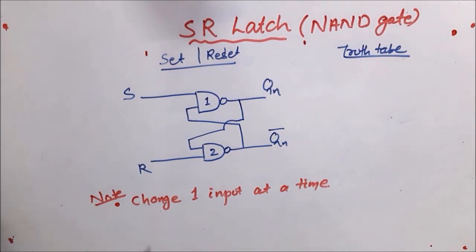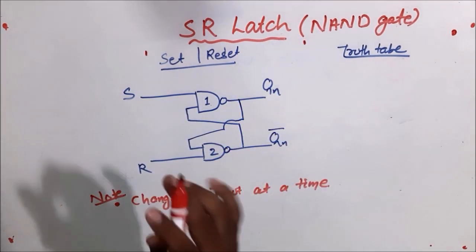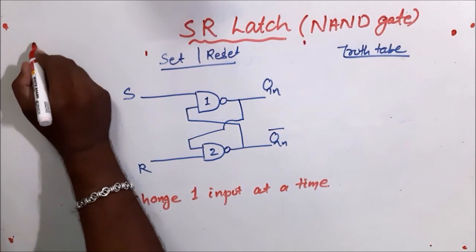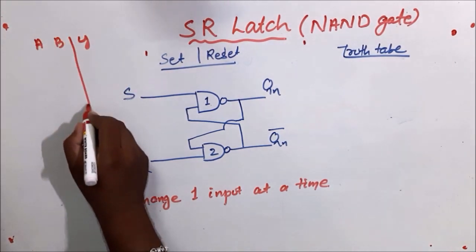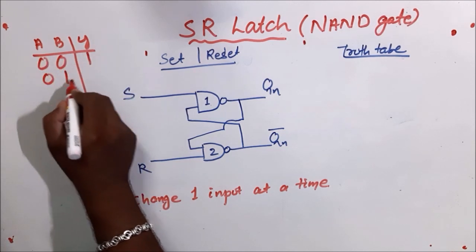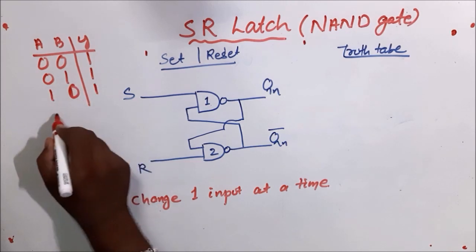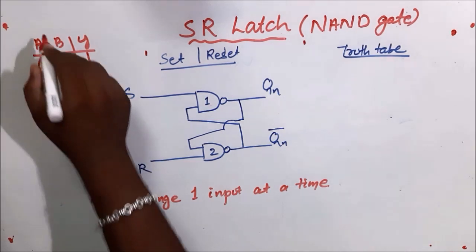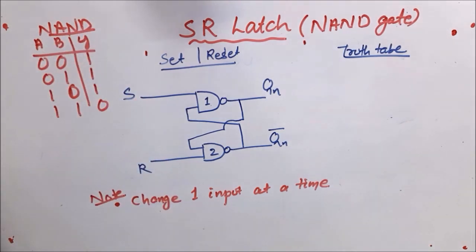Since we have used NAND gates, we should recall the NAND gate truth table. This is A, B, and this is Y: 0, 0 gives 1; 0, 1 gives 1; 1, 0 gives 1; and 1, 1 gives 0.